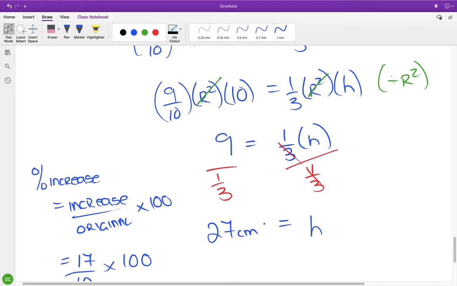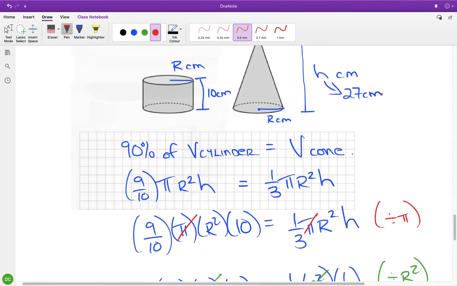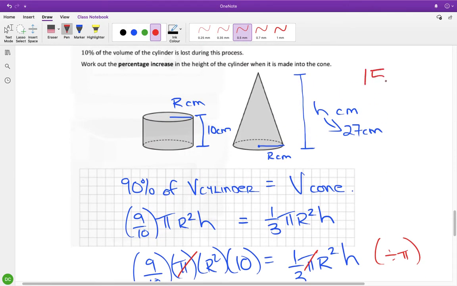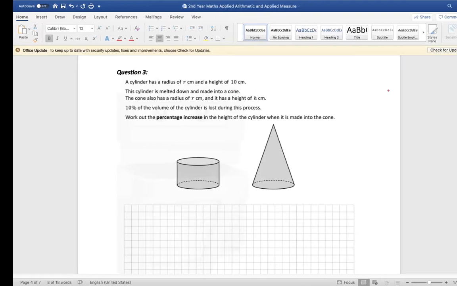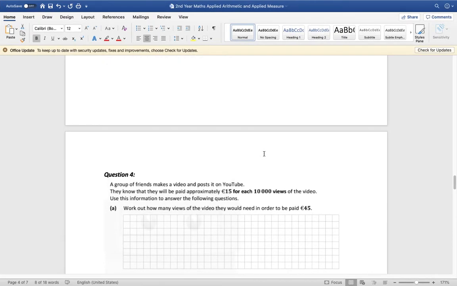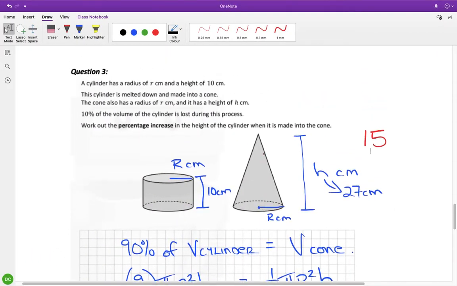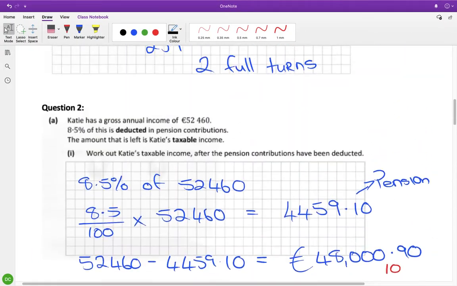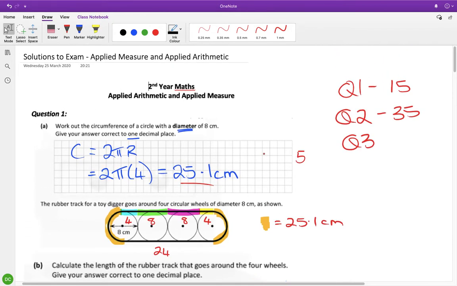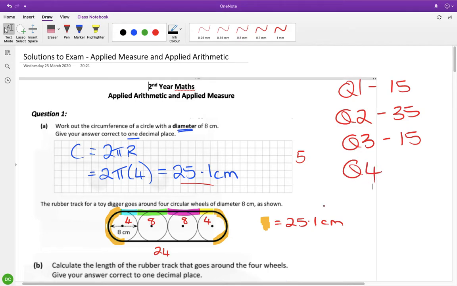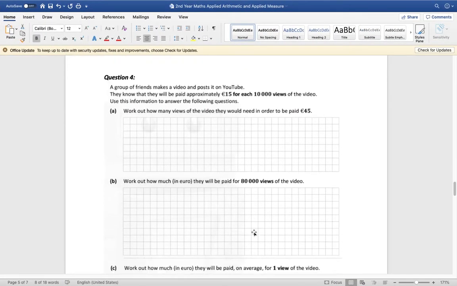So 15 marks for that one if you get it right. As I say, tough question. So back up here. And question 3 is 15. Okay, question 4. We are getting there.